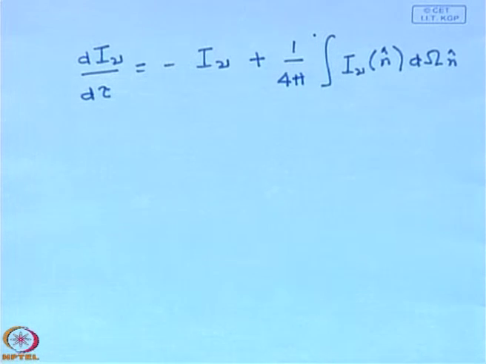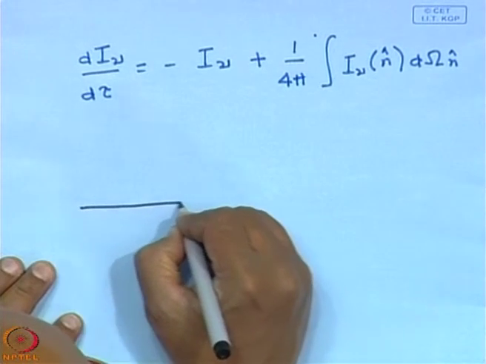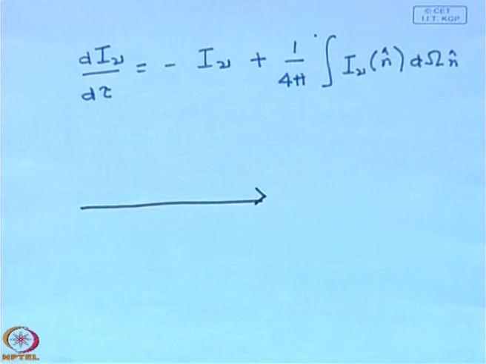Right. So, what is the difficulty with such an equation? Let us consider that I am trying to follow the evolution of the light along a particular ray, and I am looking at it at this point here, at this value of tau.